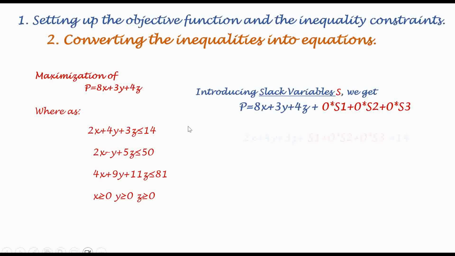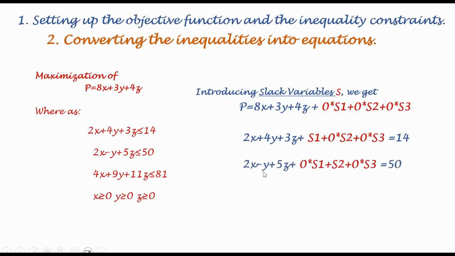Then the first equation becomes 2x plus 4y plus 3z plus S1 for the first slack variable in the first equation, the other two are 0. 2x minus y plus 5z, the second slack is 1 and the other two are 0, and 4x plus 9y plus 11z, the third one remains S3 and the other two become 0.